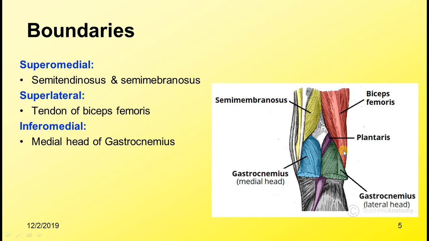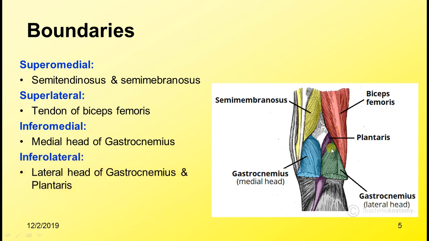Inferomedial, it is the medial head of gastrocnemius, and inferolateral, it is going to be the lateral head of gastrocnemius, and deep to the lateral head of gastrocnemius you also have the origin of the plantaris muscle. Okay. So inferomedial and inferolateral are formed by the 2 heads of gastrocnemius.